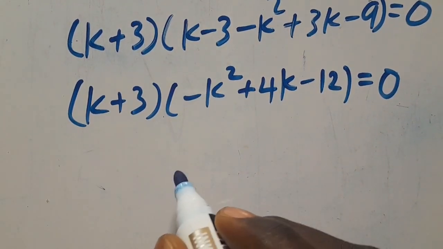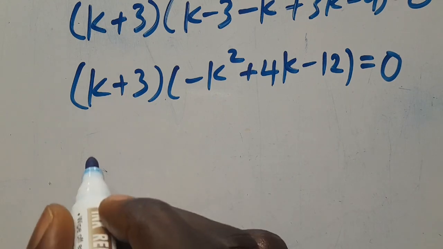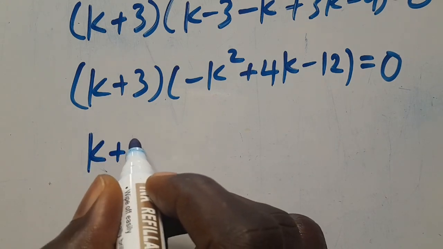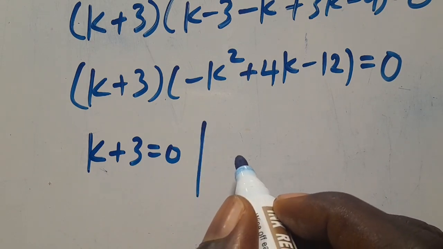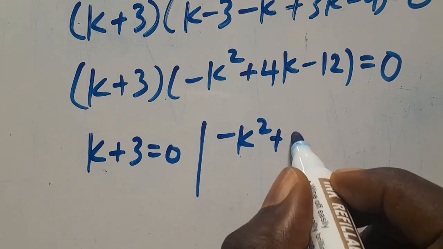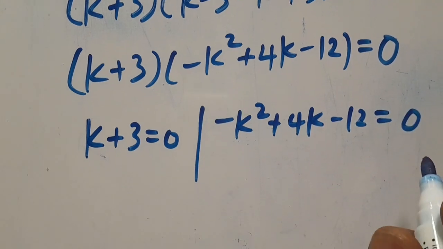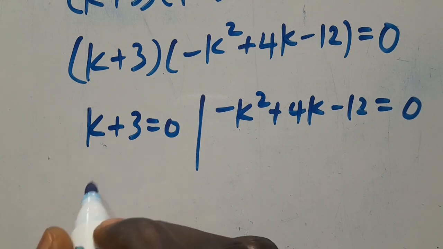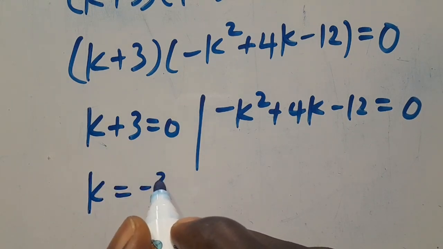Then what we are trying to say here is that for this particular algebraic expression to be equal to 0, either we have k plus 3 equals 0, or we have minus k squared plus 4k minus 12 equal to 0. And so therefore from here we have our first k equal to minus 3.